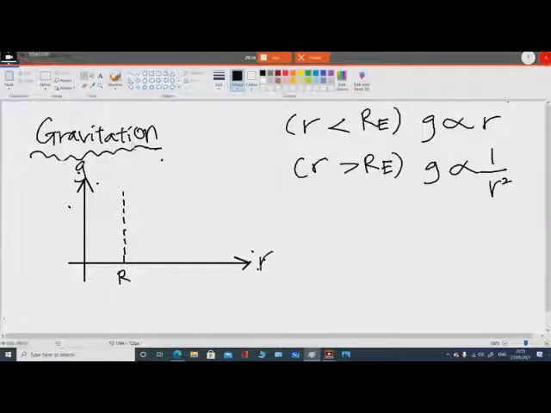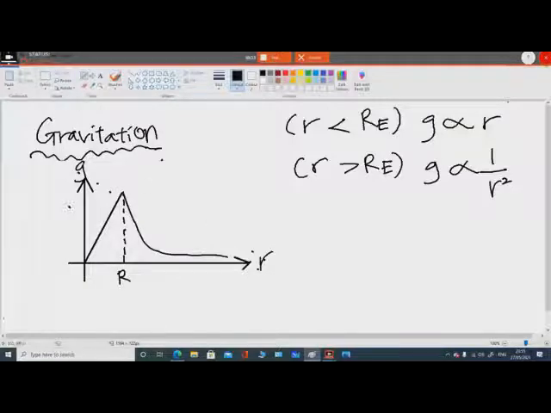As we represent in this graph, we get a straight line inside the Earth. Outside the Earth, we get this curve, which goes on to infinity. So this is how we represent the graph between g and r.